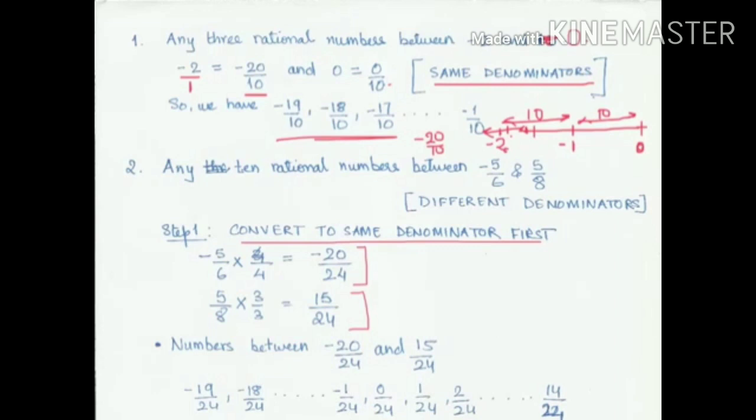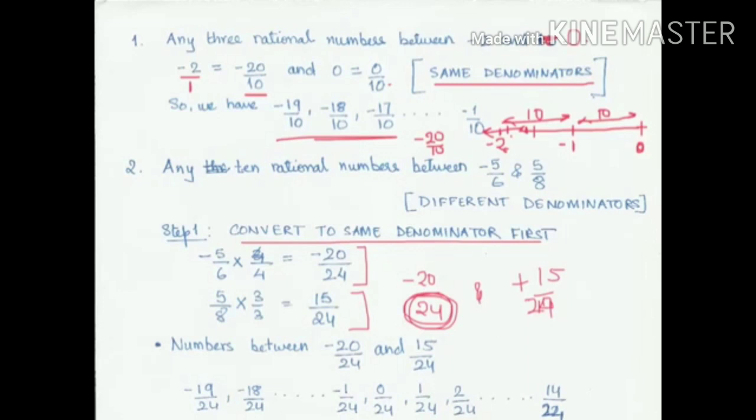Now we have to find numbers between minus 20 by 24 and plus 15 by 24. What is the intuitive feeling? If you remember representing rational numbers on a number line, we have divided a unit distance on the number line into 24 equal parts.